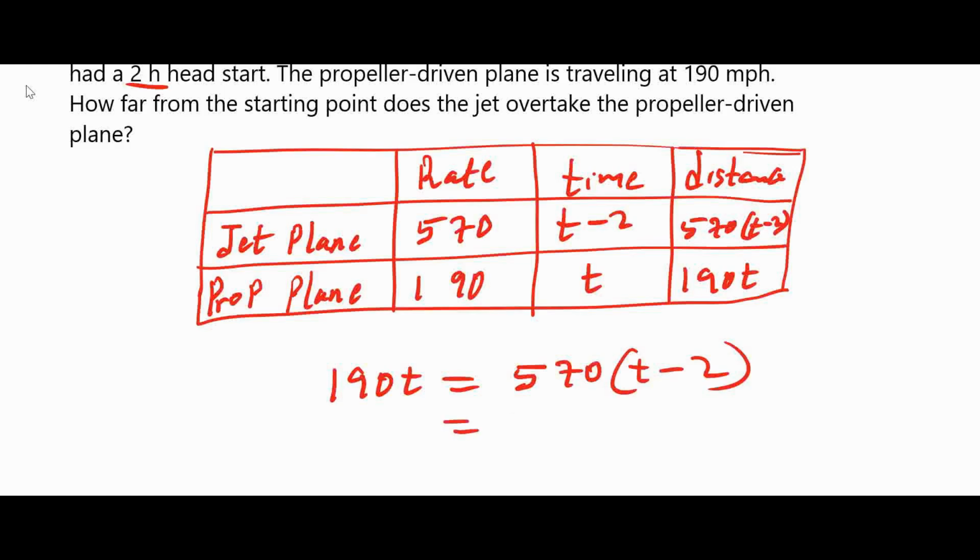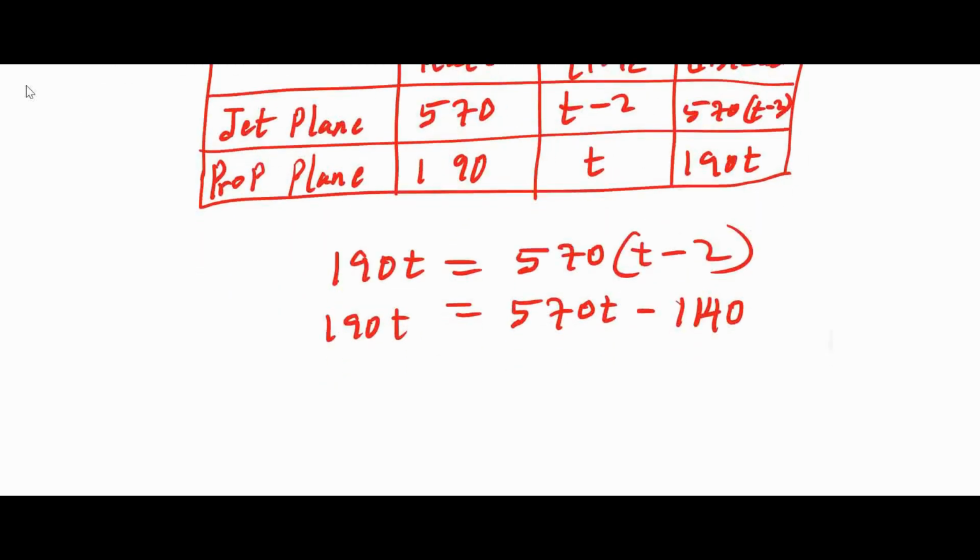So this would be equals to 570 t minus 570 times 2. Okay, so this would give us 1,140. So 190 t is equals to this.